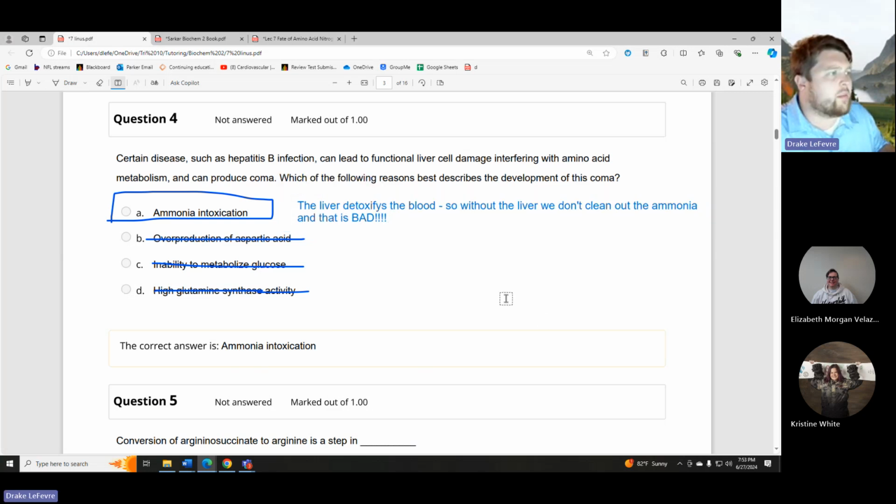We also think of ammonia, when we looked at that, as having a fair amount of hydrogens. If we put ammonia into something, with a lot of hydrogen, it is going to act as a hydrogen donor. It's going to act as an acid. If we start releasing a bunch of hydrogen into the body, that messes with our pH. Messing with the pH can have a whole bunch of big negative effects, which in this case, for example, can produce a coma.